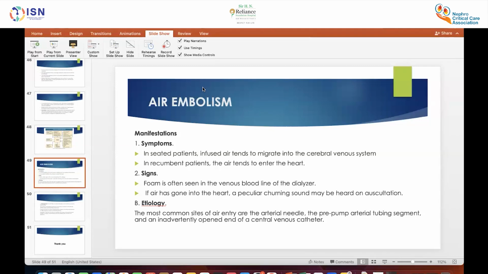So if you are giving saline and keep that open, for example you have given it for hypotension, and you gave 100 ml or 200 ml of saline and kept that saline bottle open.